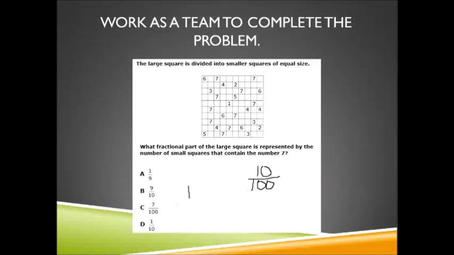Okay, so if I take my 10 and I divide it by 100, is it going to simplify my problem? Ooh, Victoria says no. Victoria, can you tell us why you think this wouldn't simplify the problem? Because 100 can't go into 10.